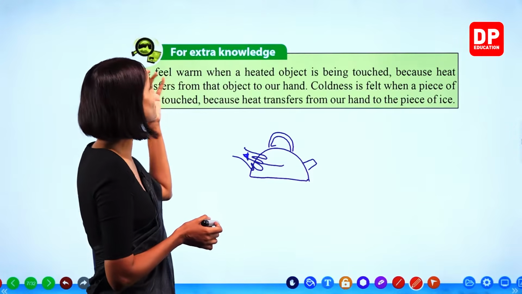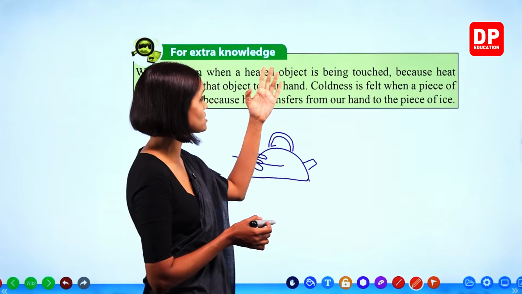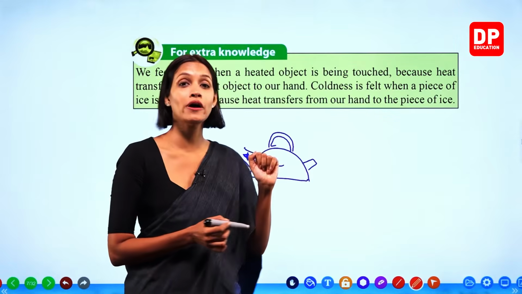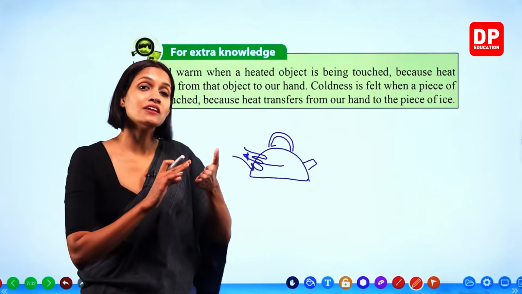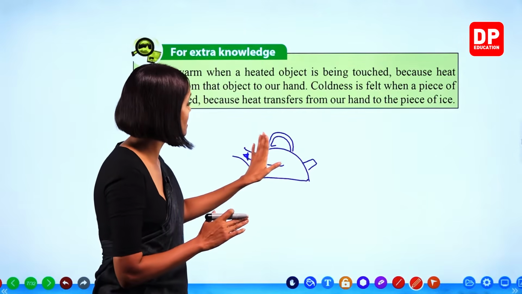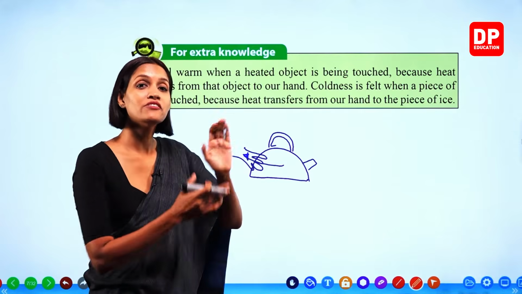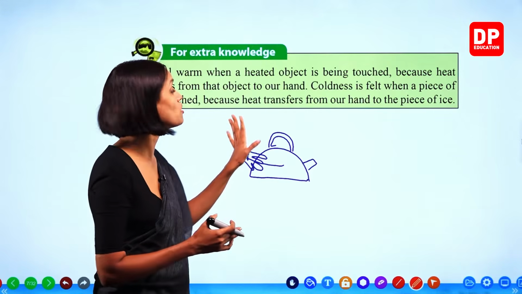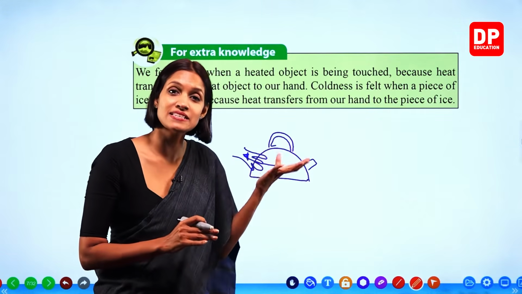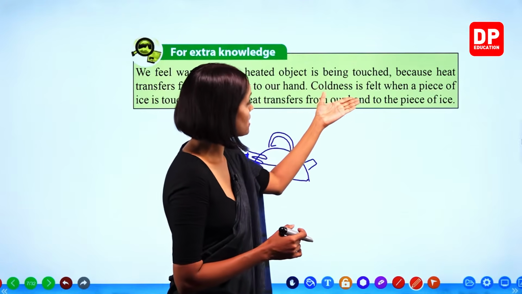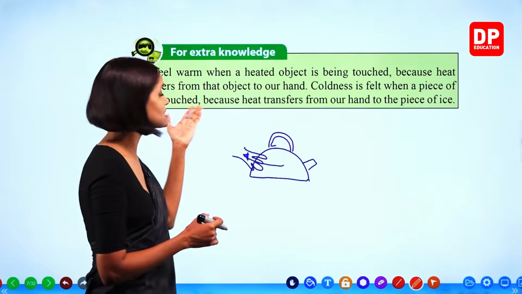We feel warm when a heated object is being touched, because that heat transfers from that object to our hand. The particular place of our hand in contact with the kettle, this hot water kettle, we feel is warmer than the other places. That's a certain sensation. Next one. Coldness is felt when a piece of ice is touched.